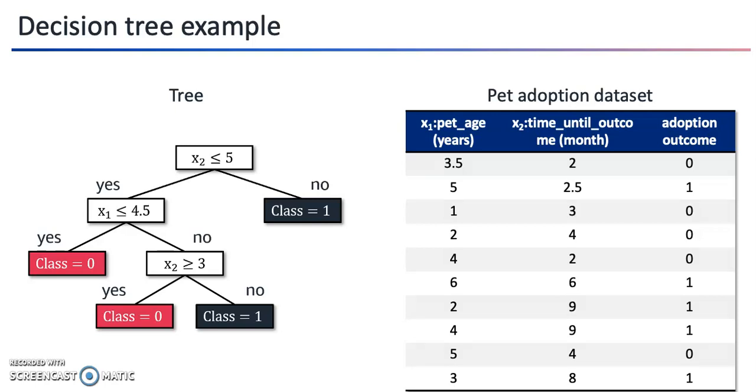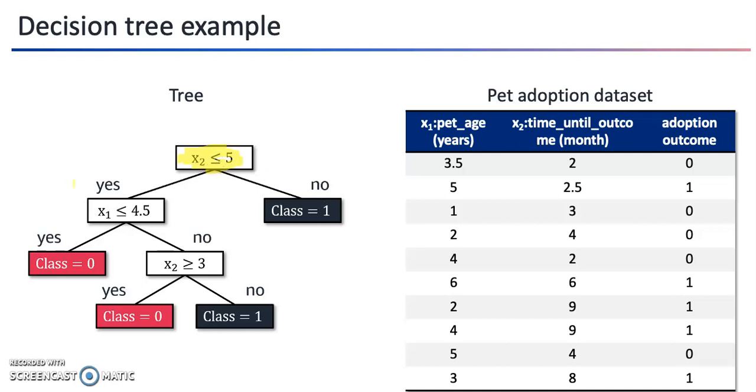The condition you see here at the top is about whether or not the feature X2, which has to do with that residence time until adoption, is less than or equal to 5. That's a condition on that feature, the second column. This is a yes or no, success or failure, whether this condition is satisfied. If it is, it goes on one branch. If it is not, it goes on to the other branch.